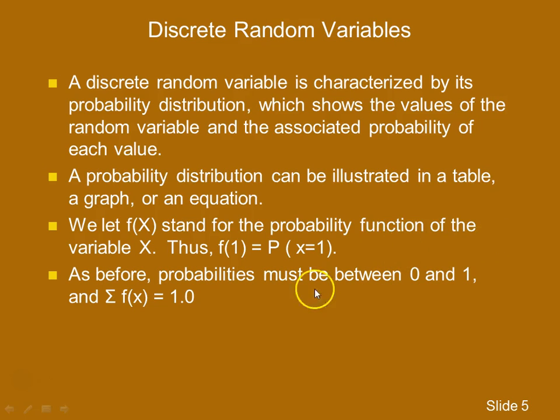So when I write f of 1, that's equivalent to saying the probability that the variable x equals 1. It's a little bit easier to use functional notation rather than write out lengthy probability statements. As back in the module on probability, the f of x's must be numbers between 0 and 1, and the sum of the f of x's must equal 1.